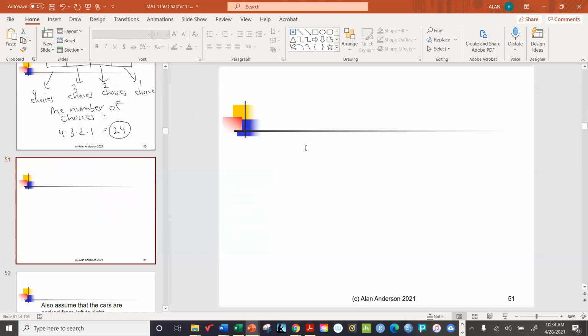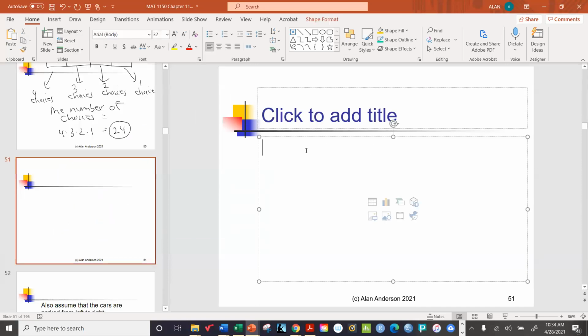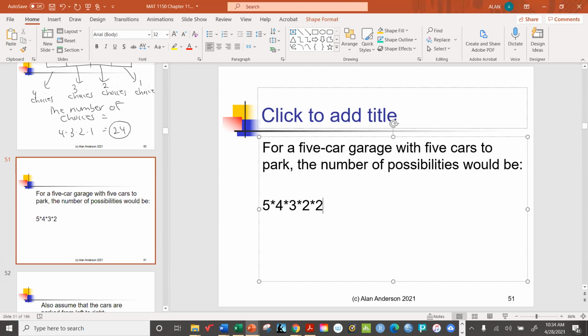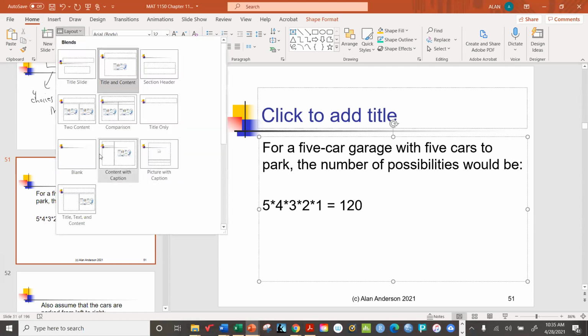If there were 5 cars, the number of possibilities would be, based on the same logic, 5 times 4 times 3 times 2 times 1. All of a sudden, it balloons even further to 120. Oh my God. So the number is growing like crazy.